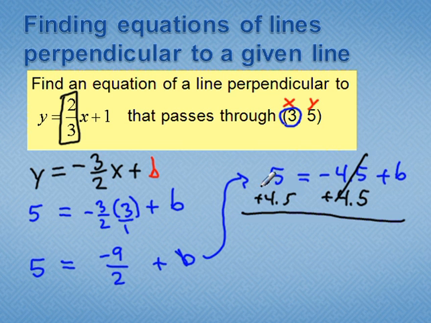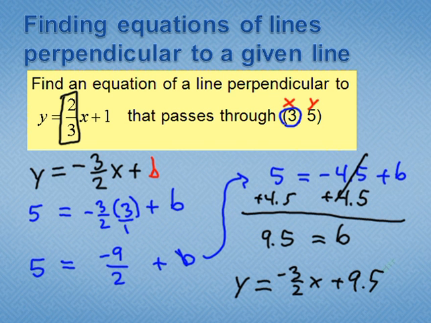These guys cancel out. 5 plus 4.5 is 9.5 equals b, and we're done. We just need to write the final equation. So our new equation is y equals a slope of -3/2 x, then plus a y-intercept of 9.5.